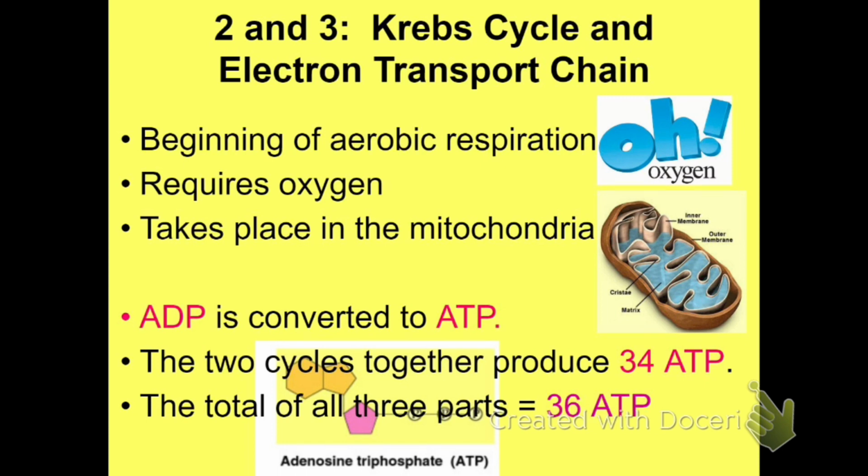Okay, so you're still on the right-hand side, and you're going to put 2 and 3, Krebs cycle and electron transport chain. These require oxygen. They take place in the mitochondria.